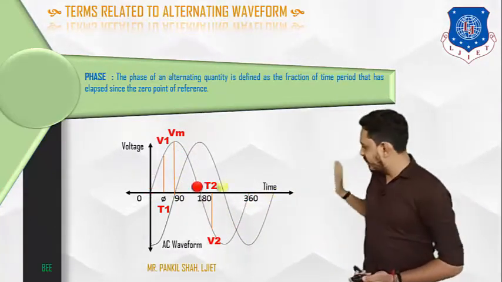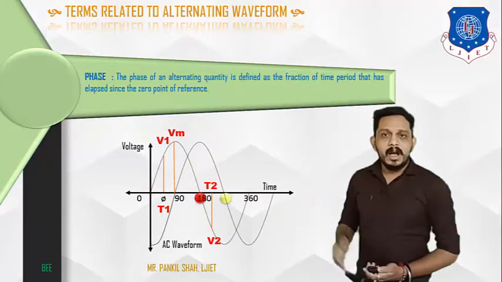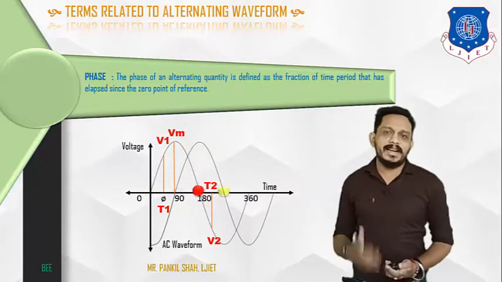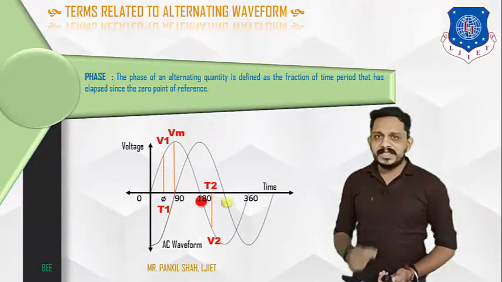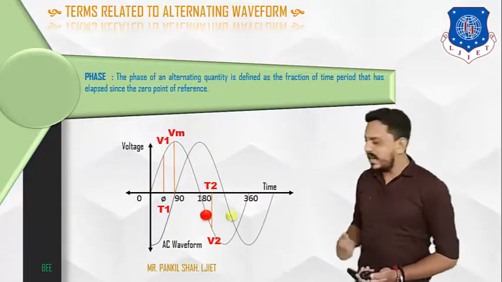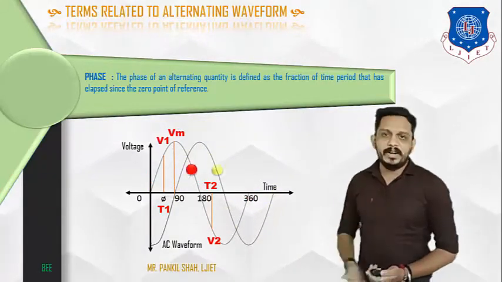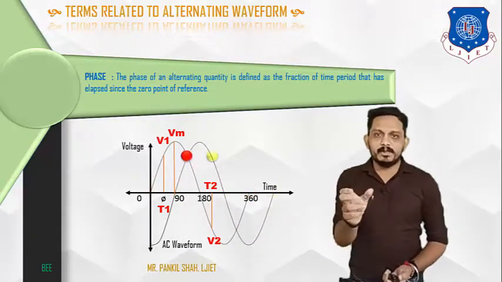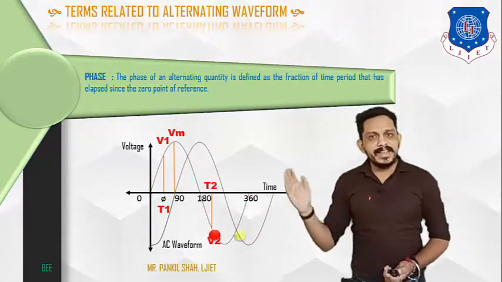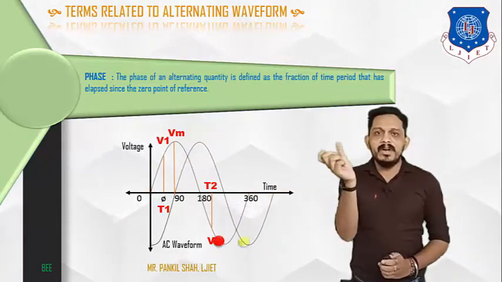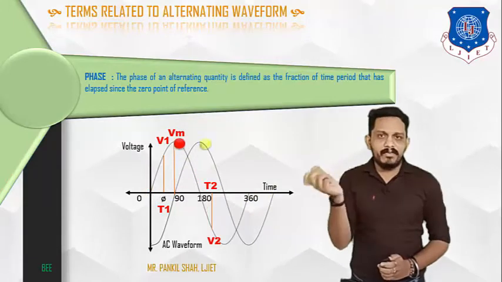In this figure, our first waveform starts from 0 and completes at 360 degrees. But at some angle phi, or at some time t1, what is the phase of that quantity? That is phi, because the quantity started from 0 and at that point has rotated phi degrees.